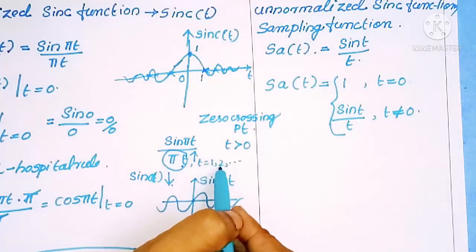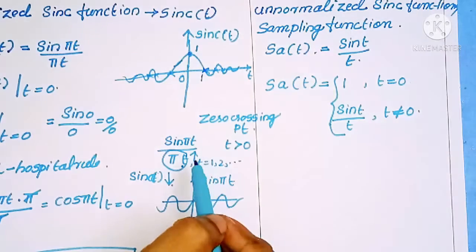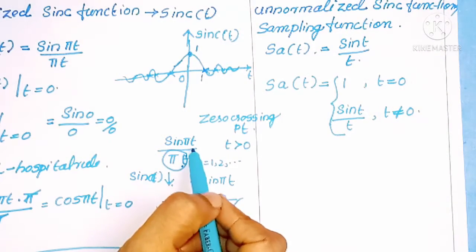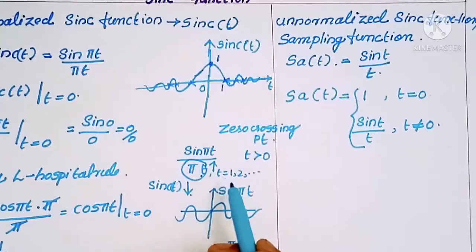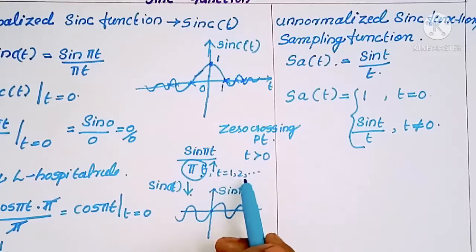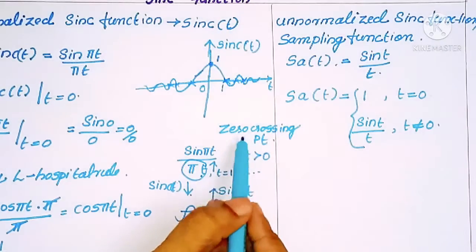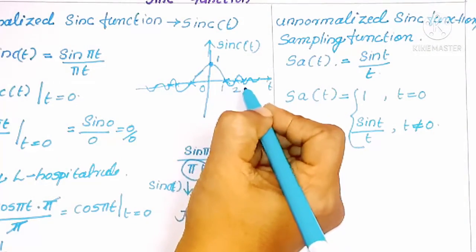Next, if you consider t equal to 2, you get sin 2 pi, which is equal to 0. When you apply integer values 1, 2, 3, etc. to the sinc function, the sinc function will be 0. So this point is known as the zero crossing point.